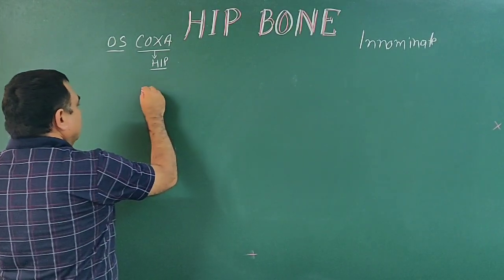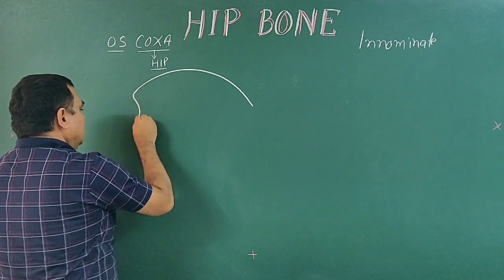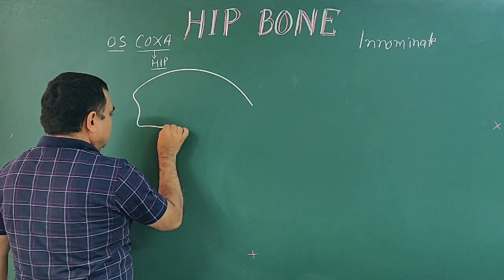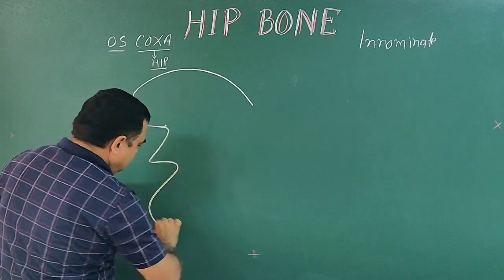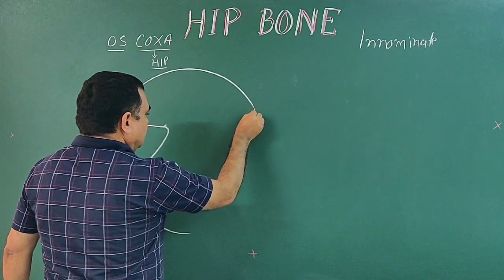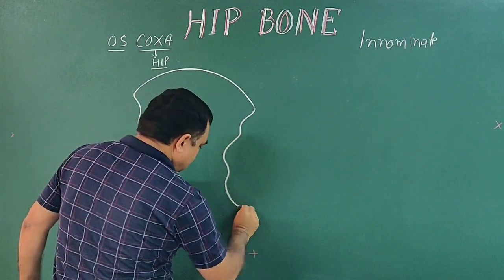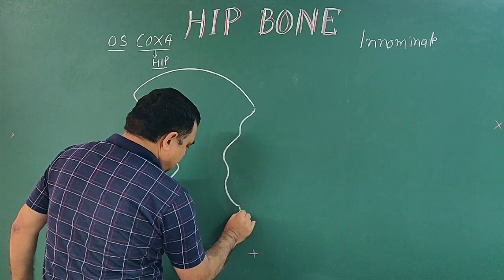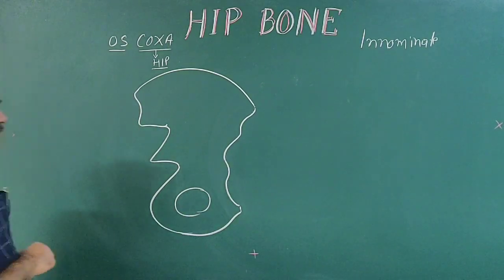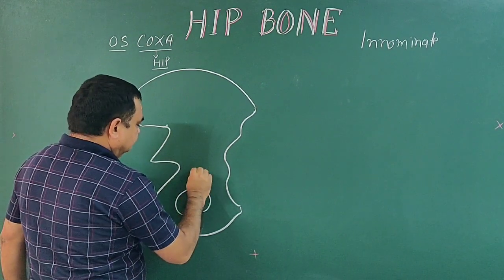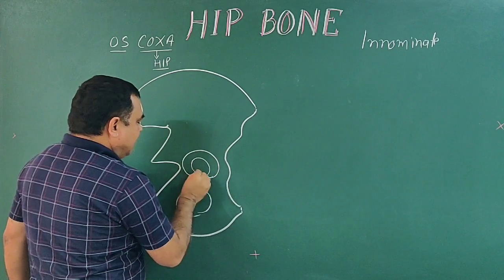If you see this bone, this is the lateral view of the bone, and here lies the acetabulum.